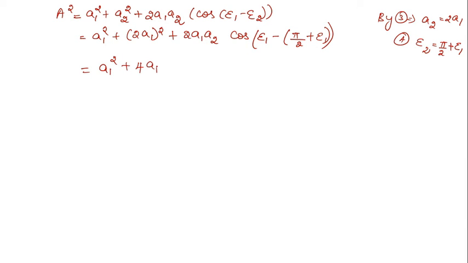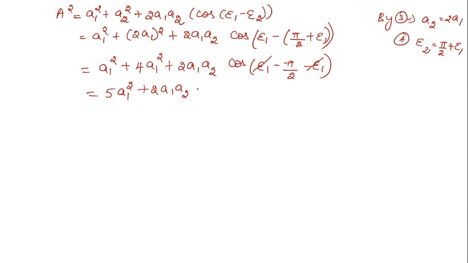A1 square plus 2A1A2 and it will be cos of epsilon 1 minus pi by 2 minus epsilon 1. So this plus epsilon minus epsilon will get cancelled, and a1 square plus 4a1 square will be 5a1 square plus 2a1a2, and cos of minus theta equal to cos theta.